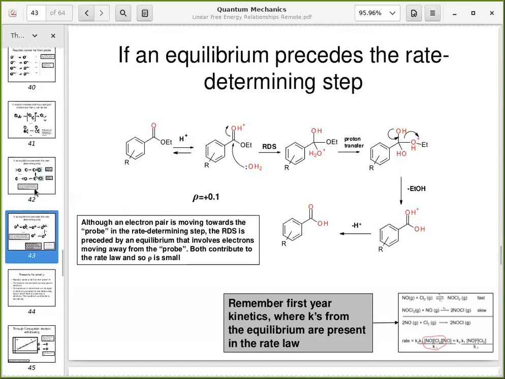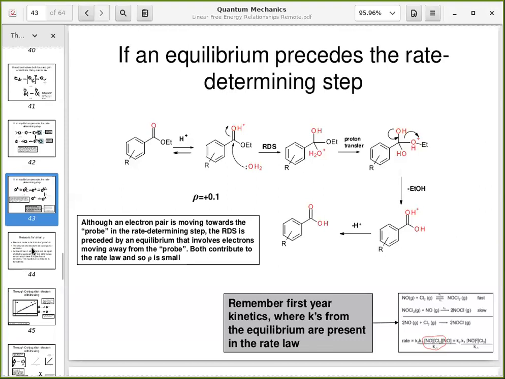So when you see a reaction constant that is small, try and look for one of three reasons as to why it could be small. The first reason why it could be small is if the aromatic system, the probe, is far from the reaction center.